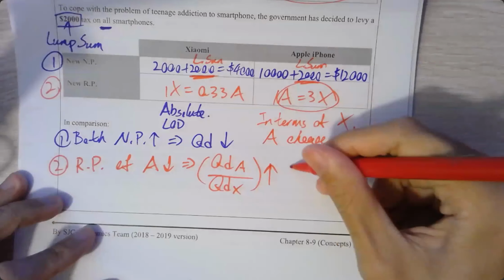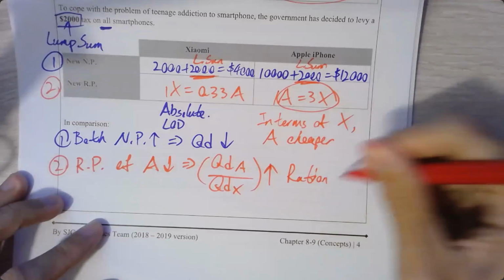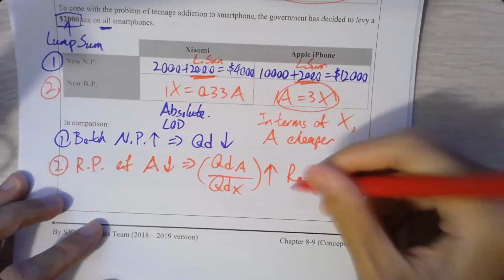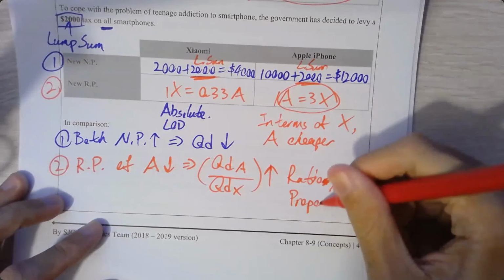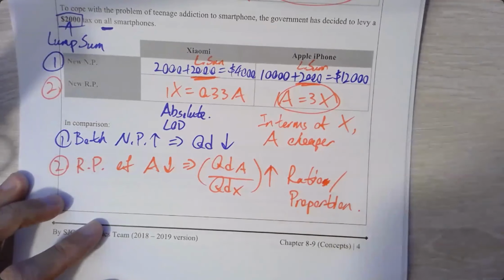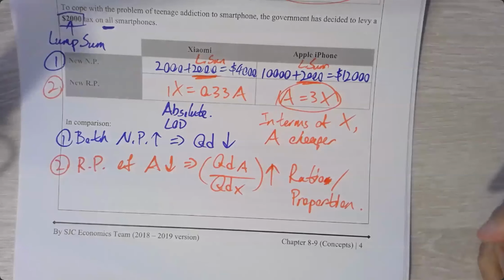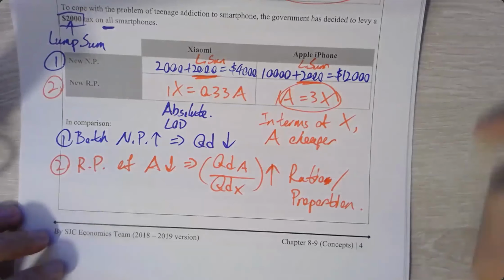The ratio, or proportion, has increased. What does that mean? Let's put it into some numbers.